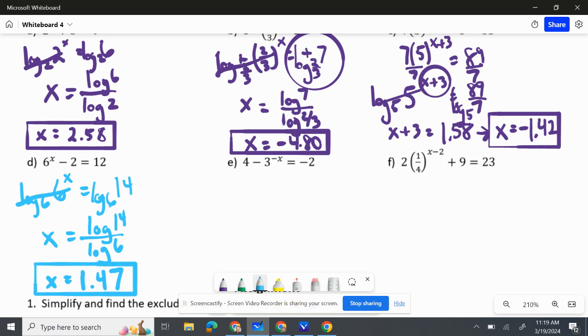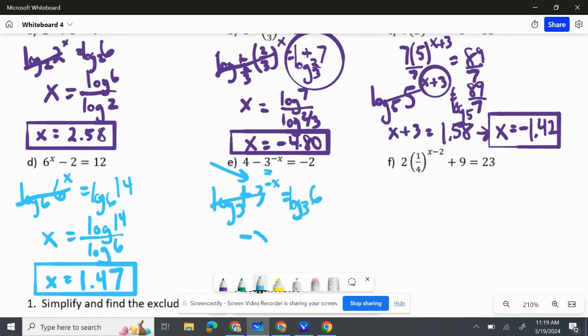For letter E, once again, we want to get the base number by itself. That's always our first step. So we have to subtract the 4, and we get negative 3 to the negative x is equal to negative 6. Since they're both negative, I make them positive. The base number is the 3, so that's why I'm doing log base 3 on both sides. It cancels.